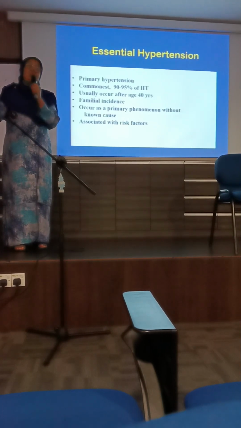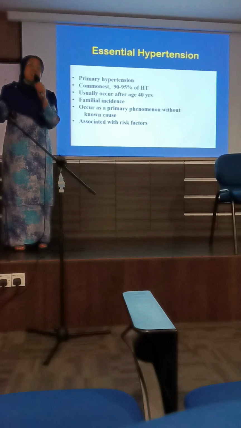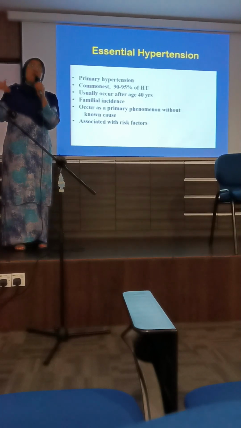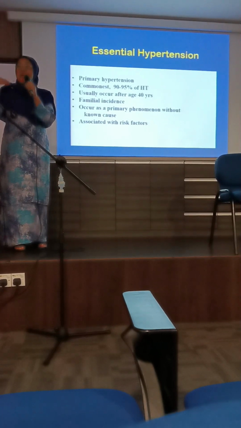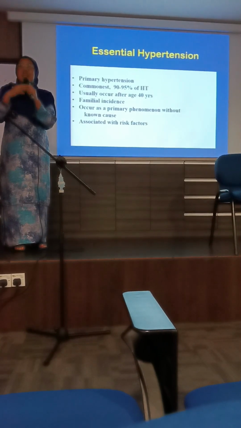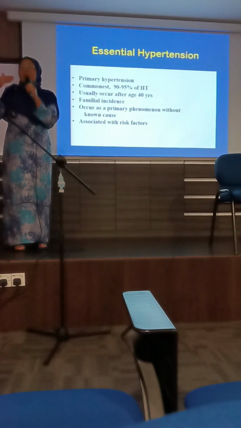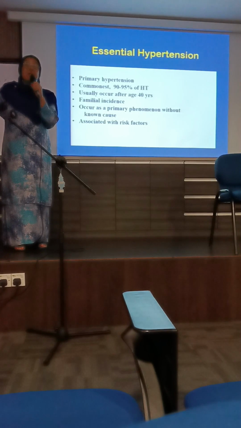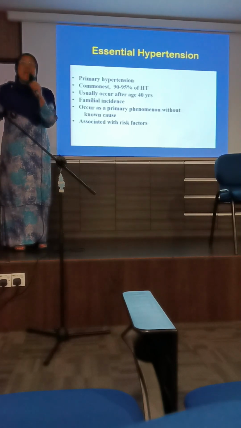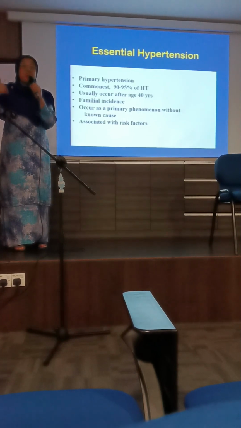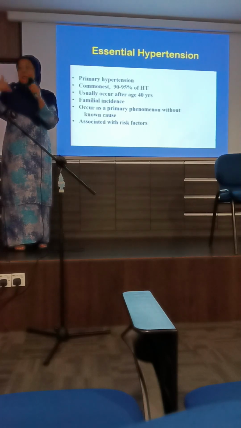But these affect the older generation. They don't take medicine, they don't go for follow up, they don't listen to our advice. They will come back with chronic hypertension, and then the day they will come back with organ damage. So we're going to see afterwards how high blood pressure destroys the organ.